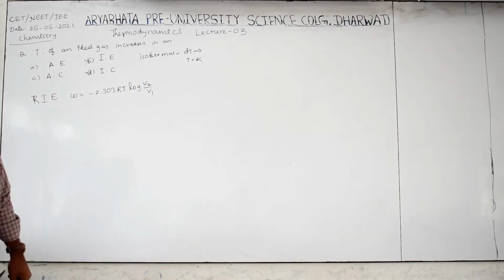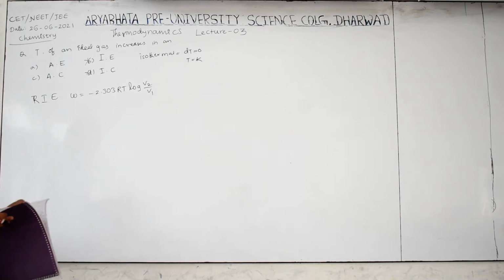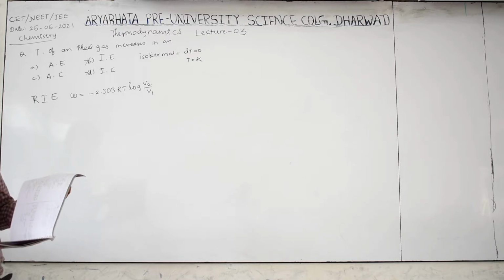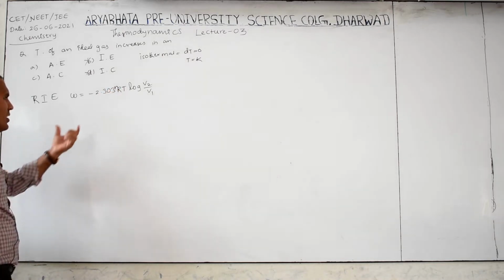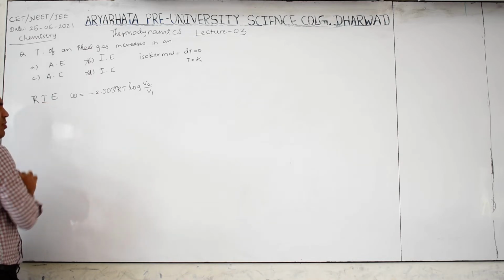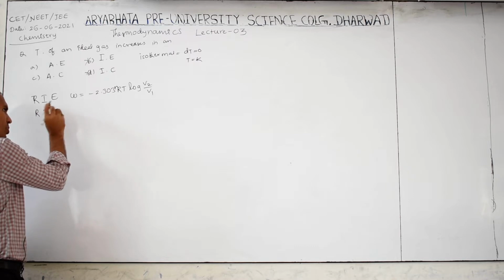N moles also may be there, so it is nRT. Once again, check: nRT. Because these formulas you have to remember. This formula is applicable for reversible isothermal expansion and reversible isothermal compression also.